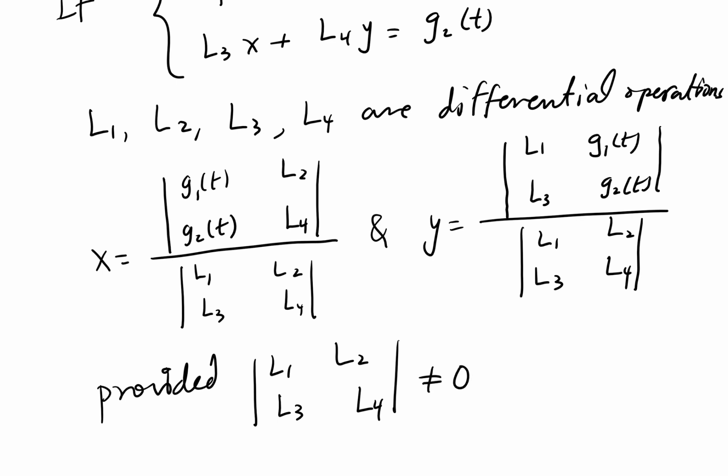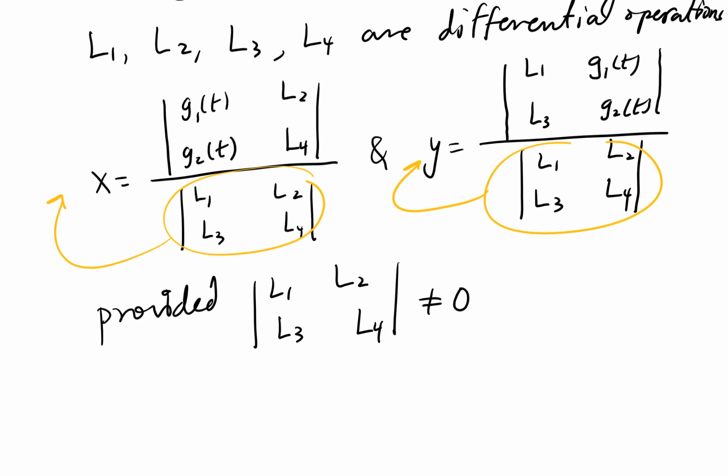So what we can do here is kind of like cross multiply. We can move this all the way here, and the same thing with this, move it all the way there. So we say that the system can be uncoupled into two nth order differential equations in x and y.